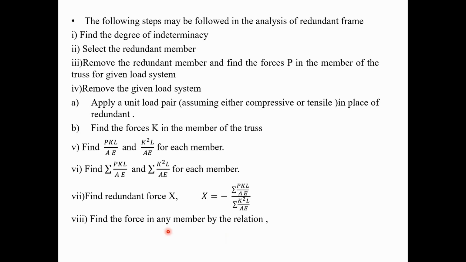After that, find the force in any member of the truss by the relation S is equal to P plus Kx. This is the general procedure you have to follow for finding out the member forces in the redundant structure.